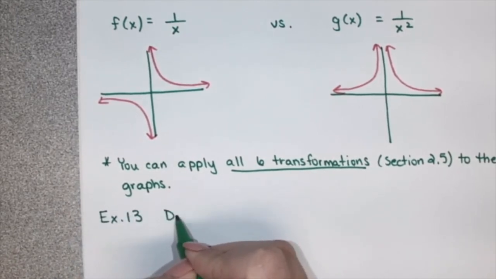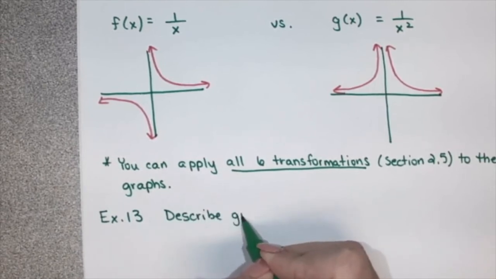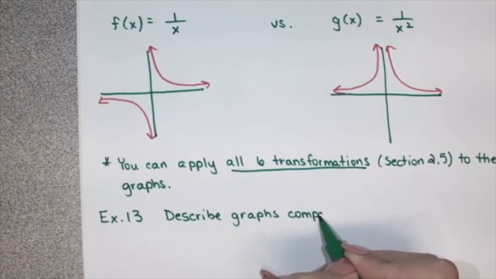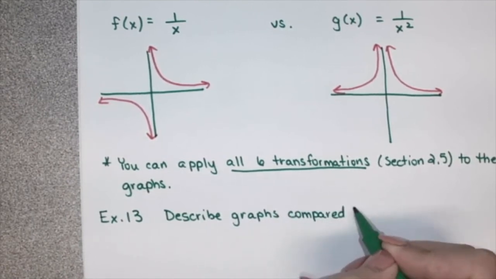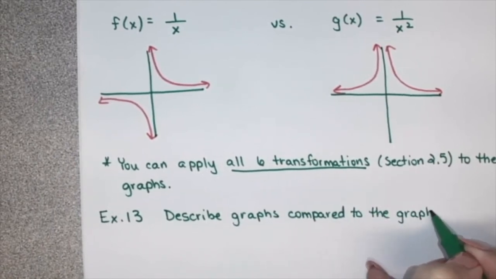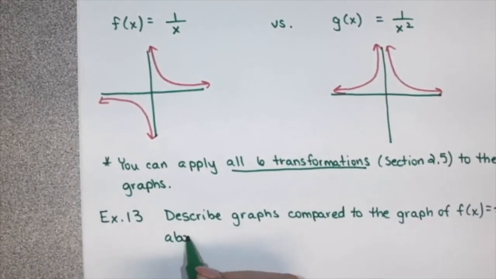So let's do an example where I ask you to do that with a variety of different ones. So I want you to describe the graphs compared to the graph of f of x equals 1 over x that we showed above.